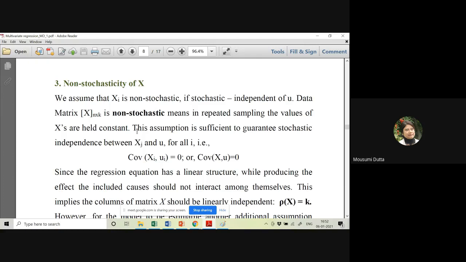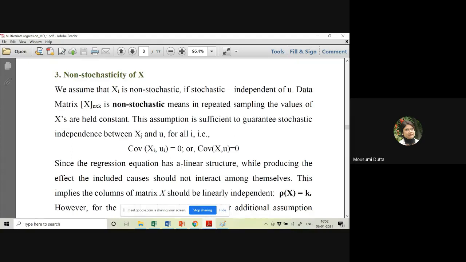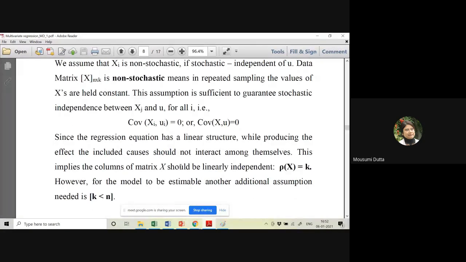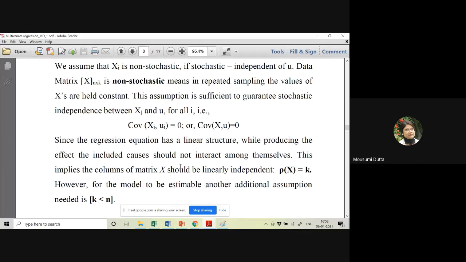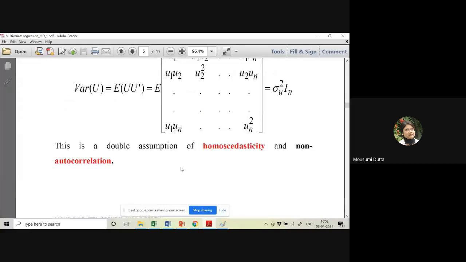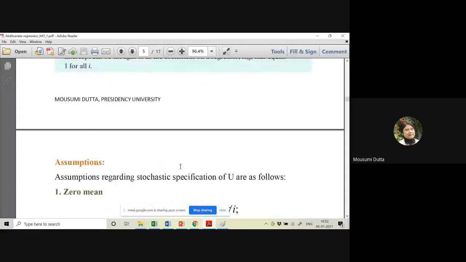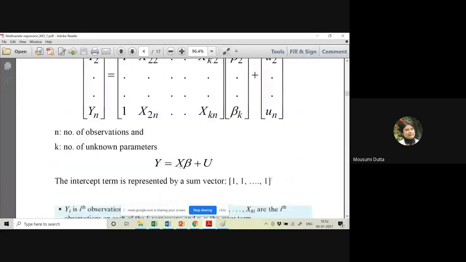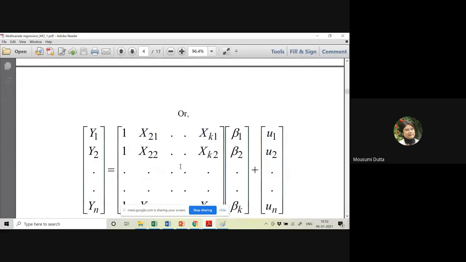Now I'm coming to some other issues here. The x we are considering here will consist of all independent columns. As long as we considered the 2-variable analysis, we had 1 x and 1 u on the right-hand side.